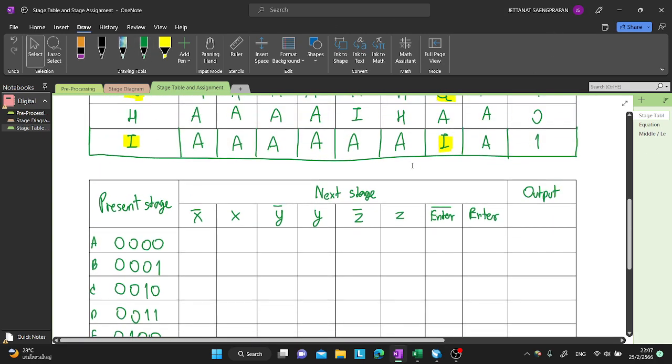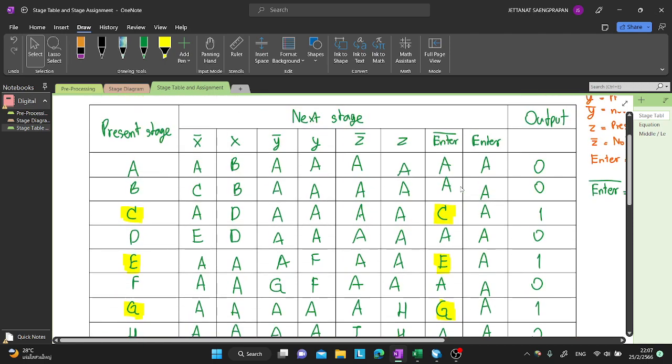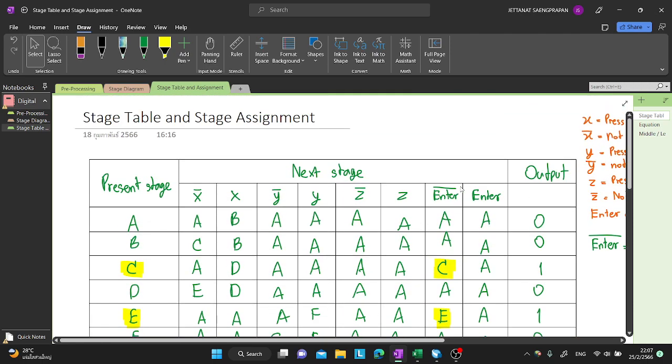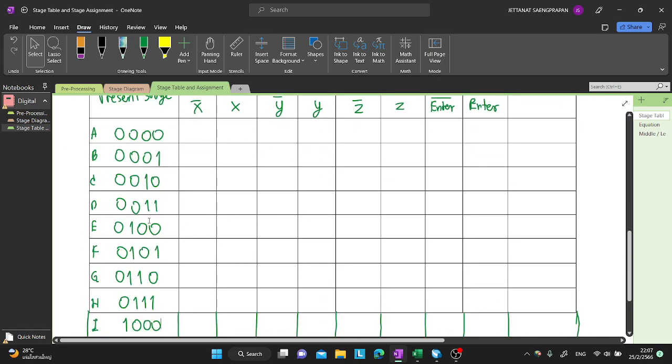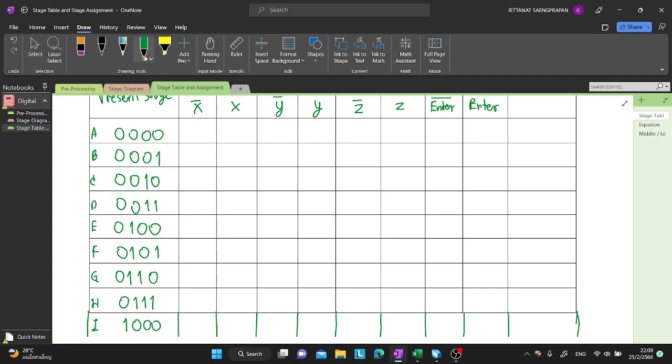So state assignment is pretty similar to a state table, but just changes all of the alphabet in here into numbers like this. Let me write the thing down.